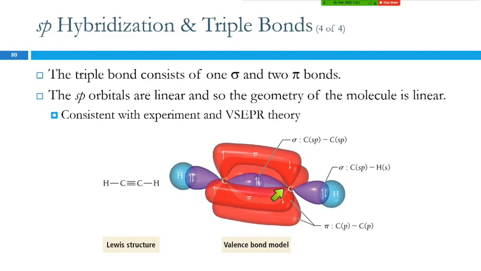And so we've got one pi bond here and another pi bond up here. And so the sigma bond and 2 pi bonds gives us that triple bond. Any questions?